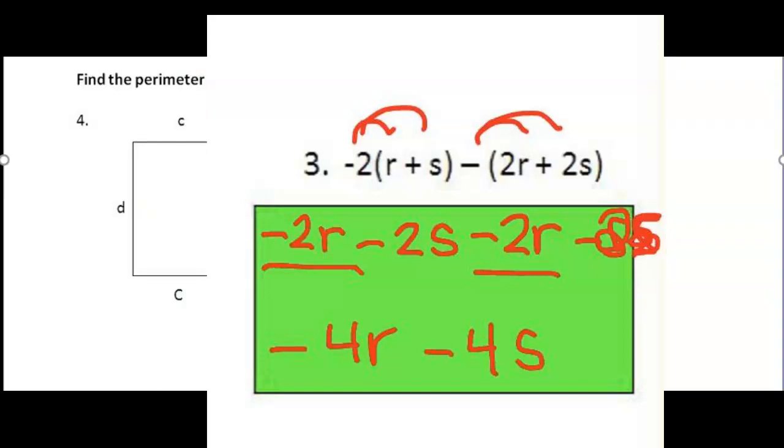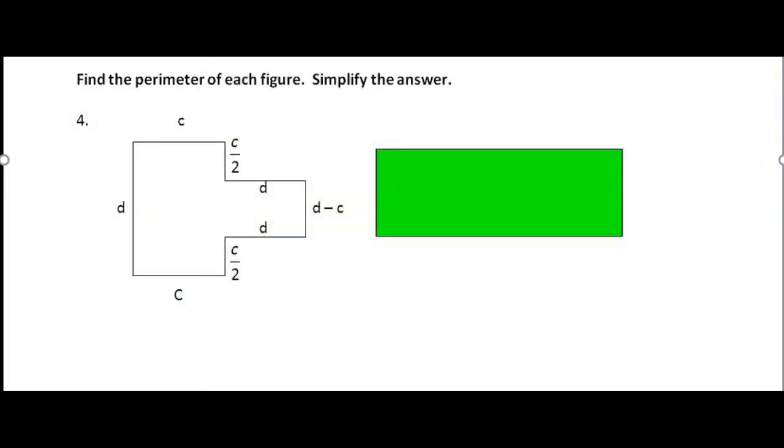Okay, and then down at the bottom, we're talking about finding the perimeter of each figure and then simplifying our answer. So for perimeter, that is the sum of all the sides. So I always pick a corner and kind of make my way around.